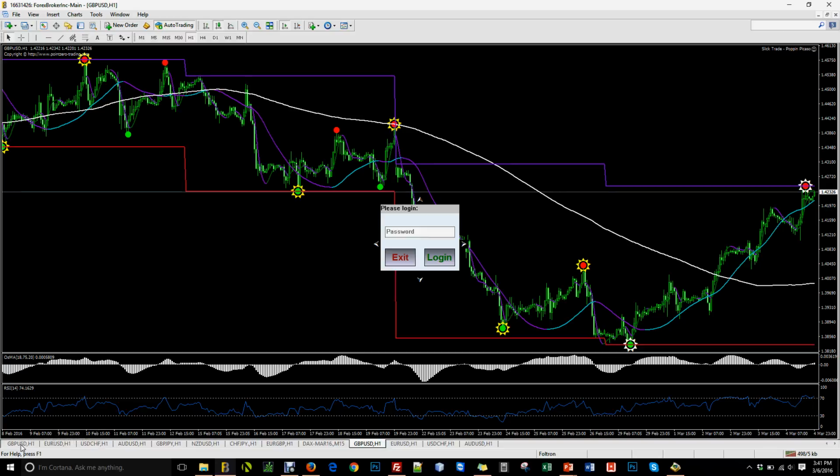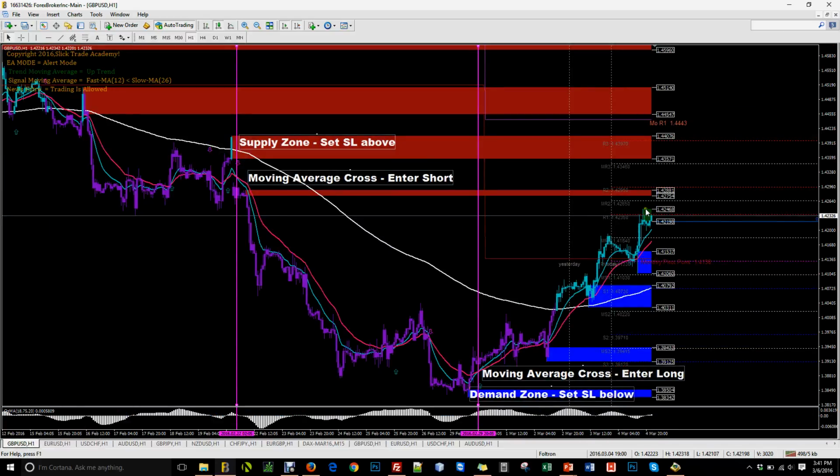But if I go look at the Voltron setup, we are in a supply zone right here. You see the screen that's starting to paint, okay? It still has some room that it could move up, okay?